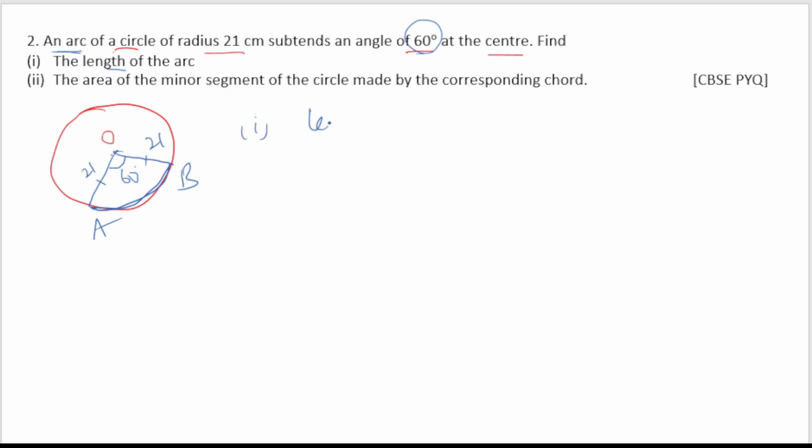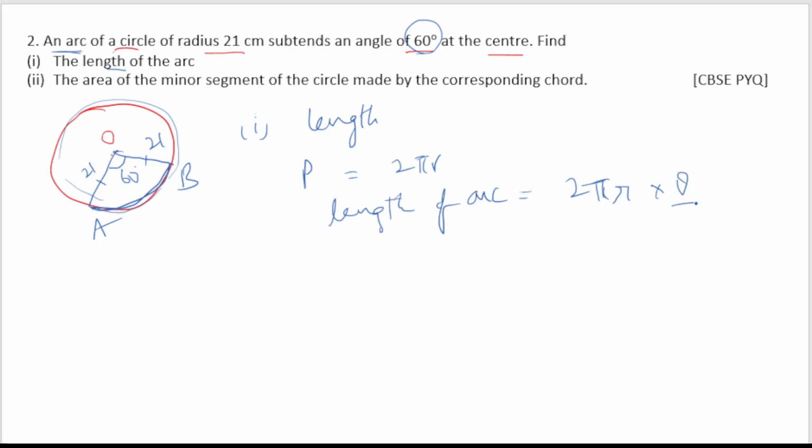In the first one, we have to find the length of the arc. What is the length of the boundary of the full circle? Length of boundary of full circle is perimeter. Perimeter of the circle is 2 pi r. Right? So what is the length of the arc? Length of arc is equal to 2 pi r, the length of the boundary of full circle, into theta divided by 360 degrees.